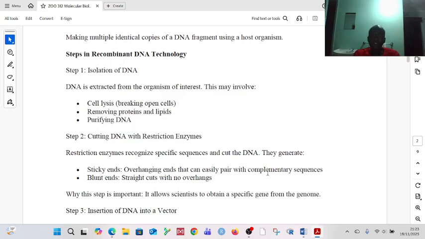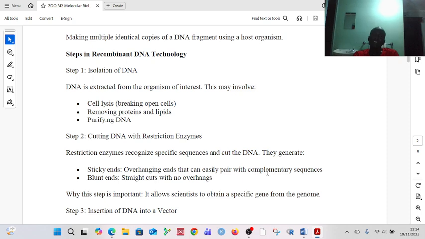Okay, so when you use these restriction enzymes, which have the ability to recognize specific sites, they will cut the DNA and either generate what we call sticky ends, these are overhanging ends, or they can cut with resulting into blunt ends.